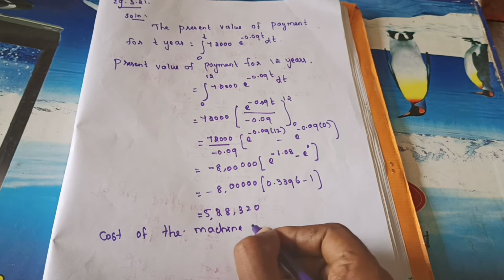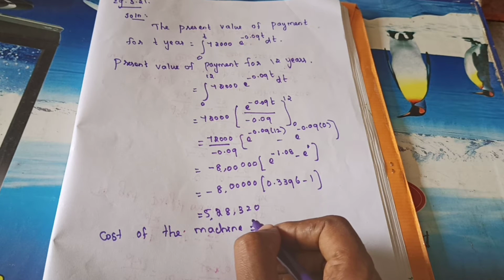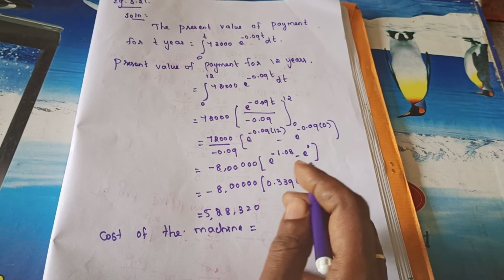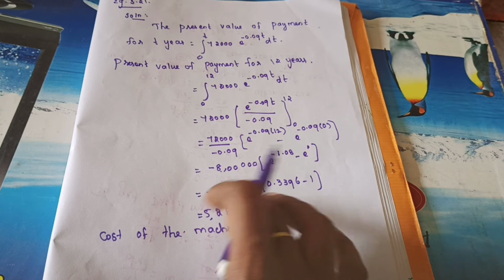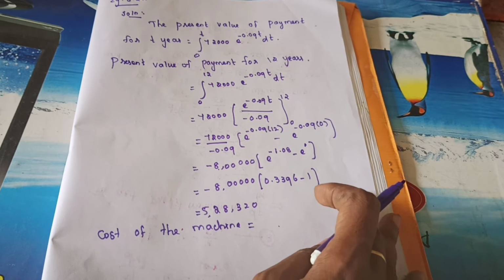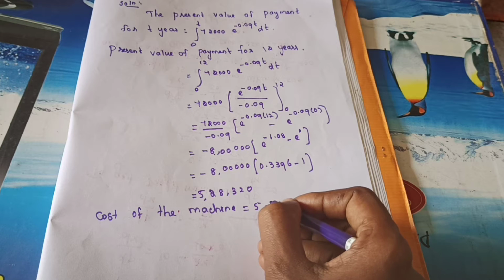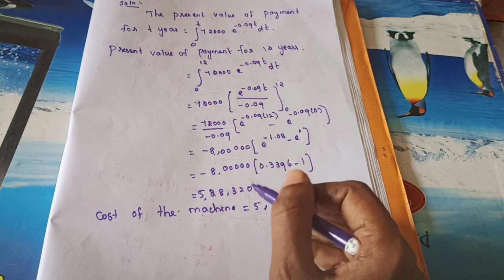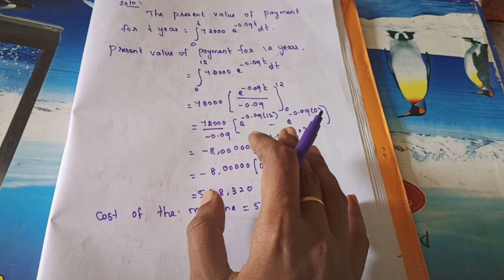Cost of the machine is equal to, how will you find the cost of the machine? So the salvage value is given, is it right? So from the present value of the payment of 12 years, if we subtract the salvage value, we will get the cost of the machine, is it right? So the price of the machine is given as well as the salvage value is given. So from the price, it is a new machine.